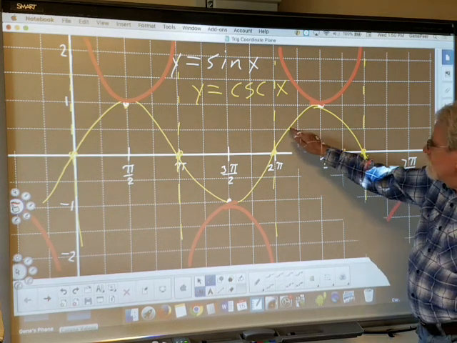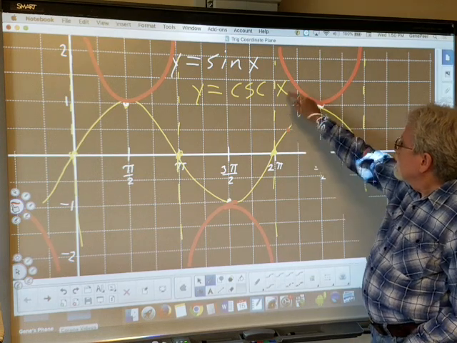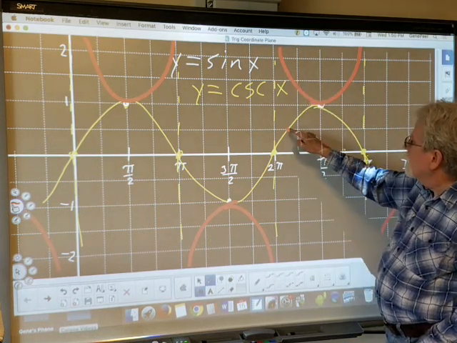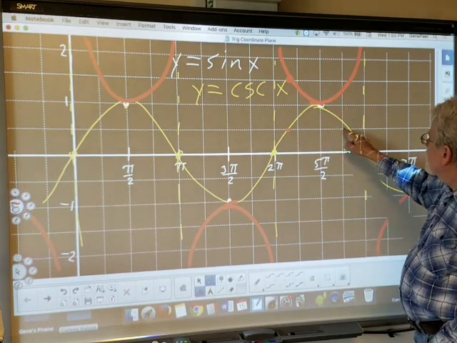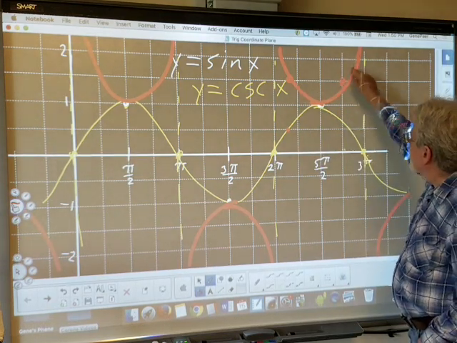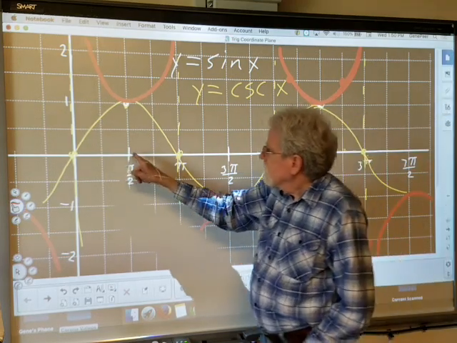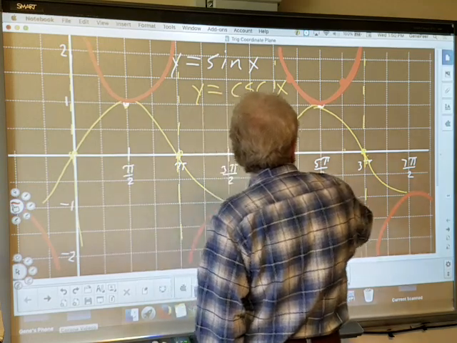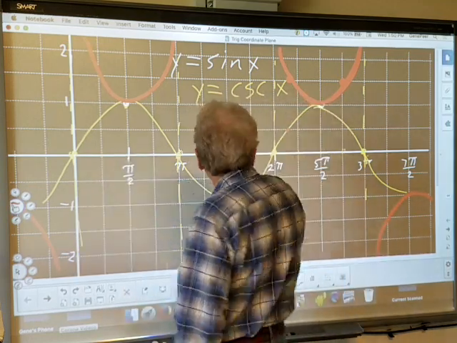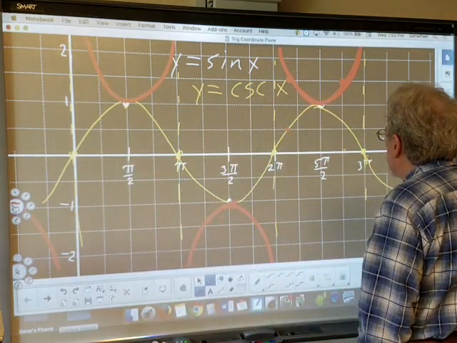The reciprocal of this value would be up here. If this is 1/2, it would pass through 2. We can see my graph's not very accurate. If this is at 1/2, yeah, there we go.